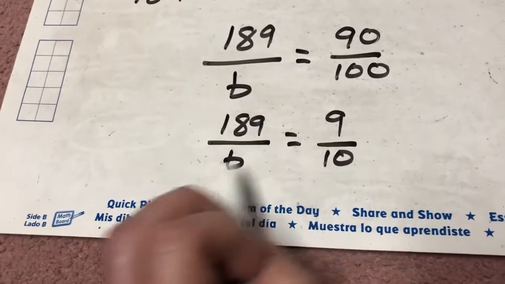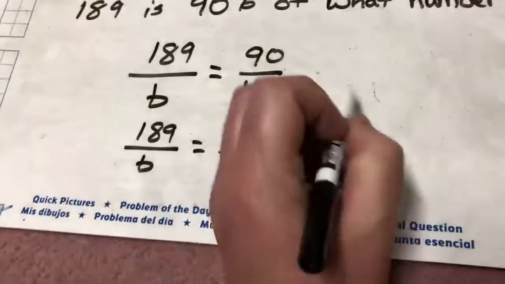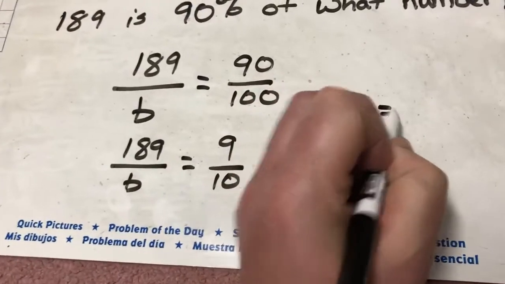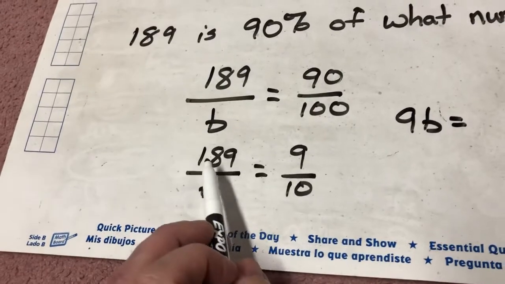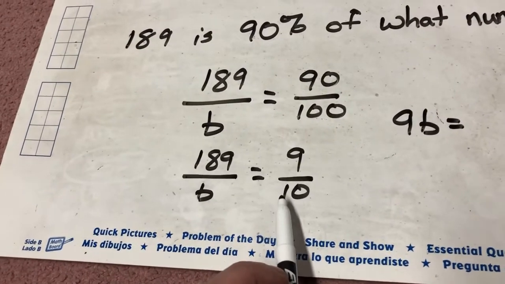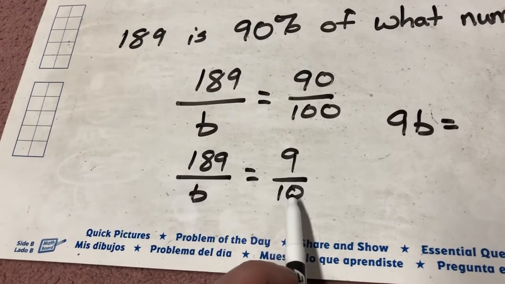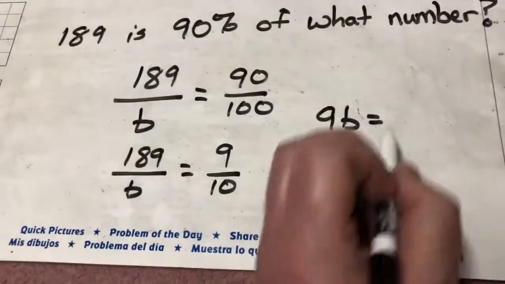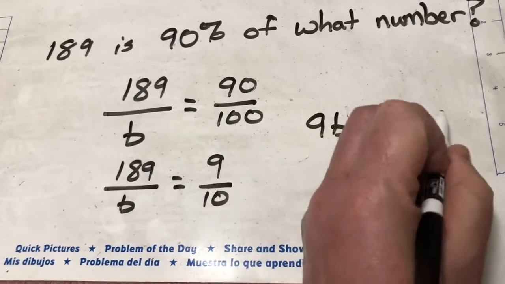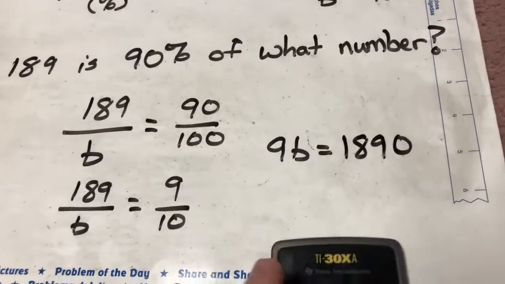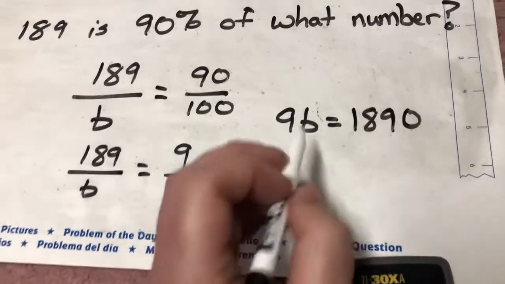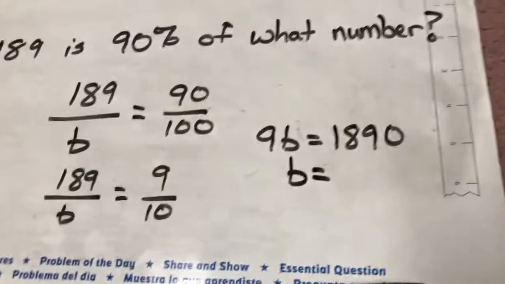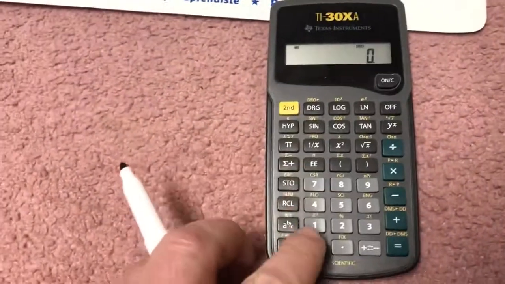I can do 9 times B, so I write 9B, and 9B is going to equal 189 times 10. 189 times 1 is 189, I add the 0, and that gives me 1,890. Now to solve for B, all I have to do is 1,890 divided by 9. I'll go to my calculator.